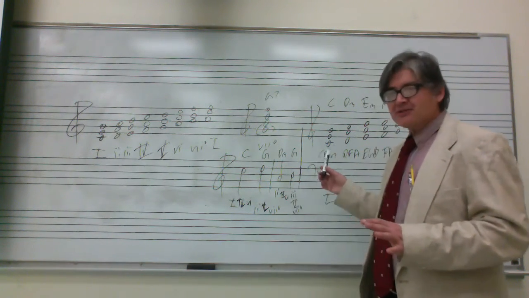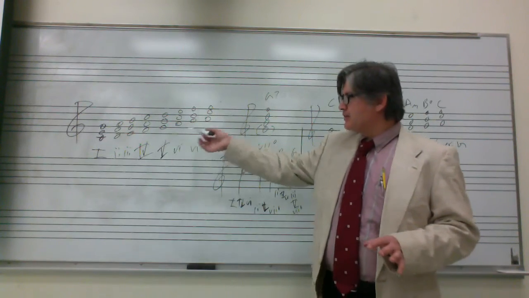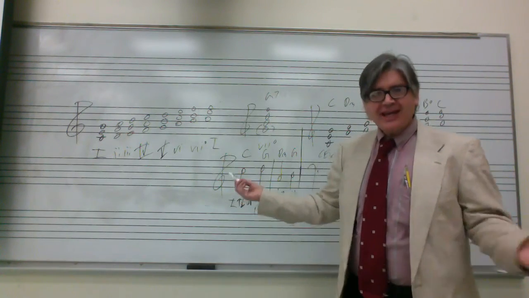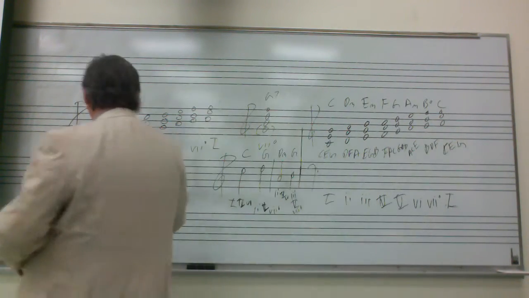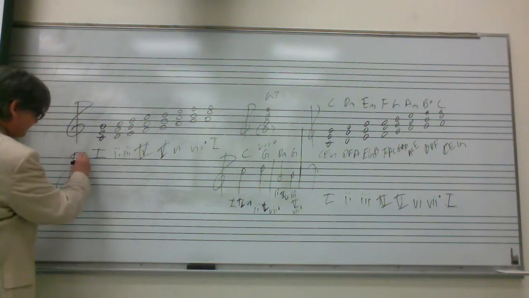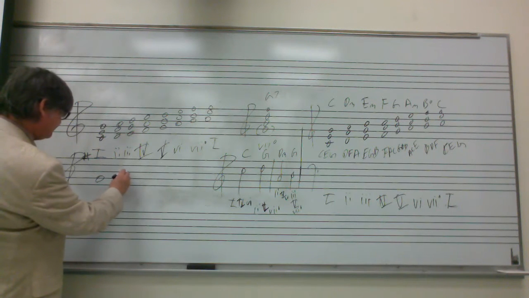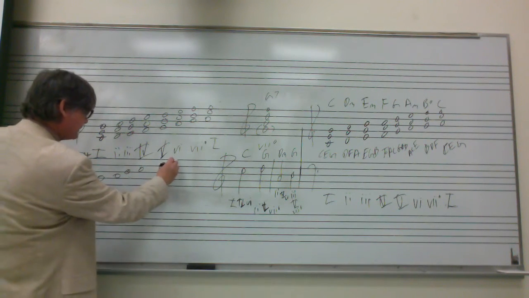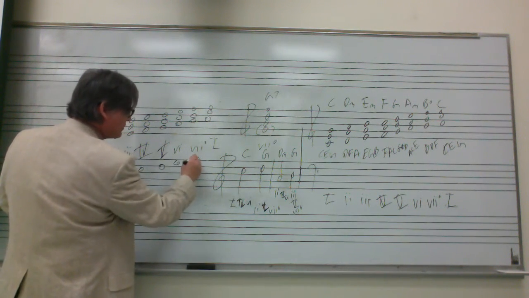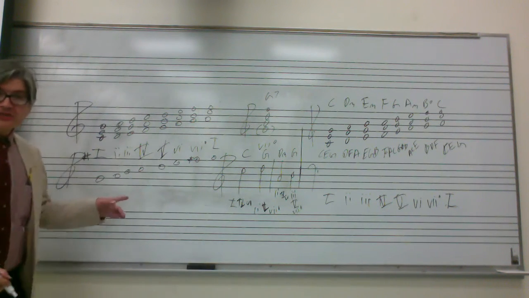So hopefully that makes a little bit more sense, seeing someone write out a scale and harmonize it. And if I wrote out another scale down here, let's say a G scale, put the F sharp there just as a reminder. It would be the same thing.